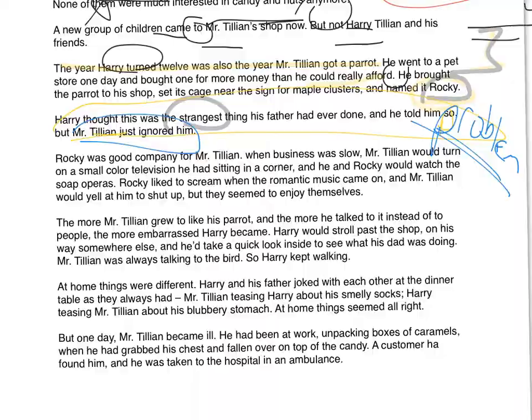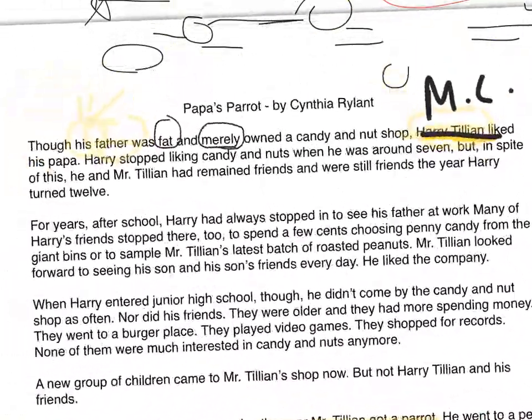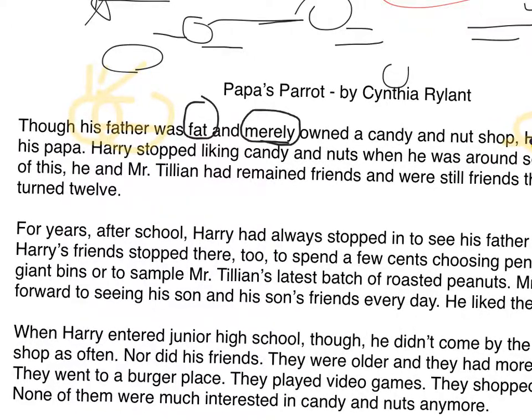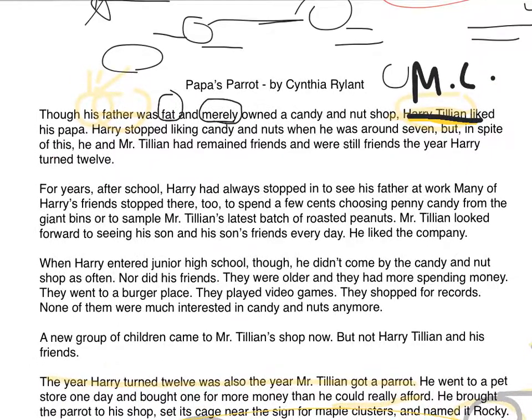So to review, in the exposition, we find out about the characters. We have the father, we have Harry, and then we get the parrot. Okay, we find out about the setting, that we're in a candy shop, and it seems like we're kind of in recent times. We have video games, but then it says records, so maybe 30 or 40 years ago.